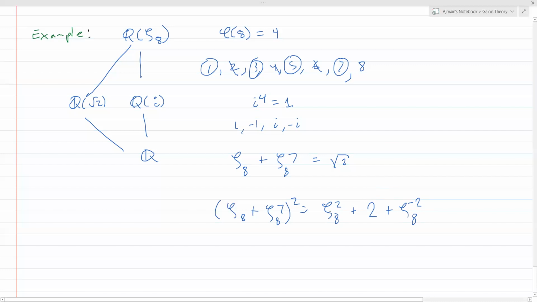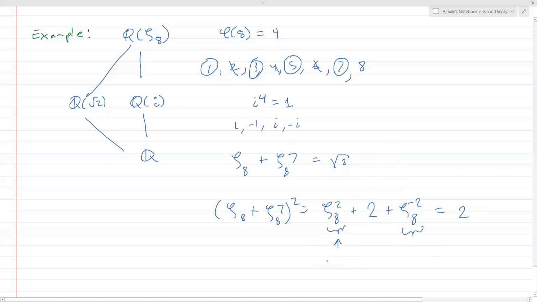And then zeta 8 squared plus zeta 8 to the minus 2. Yeah, these should cancel each other out. They should be additive inverses. And then you get 2. Right, because this is a primitive fourth root of unity.